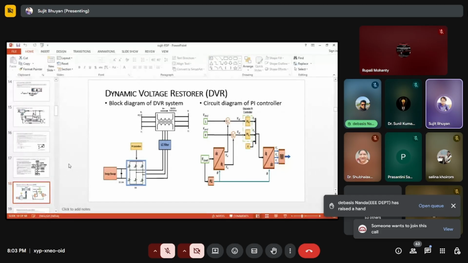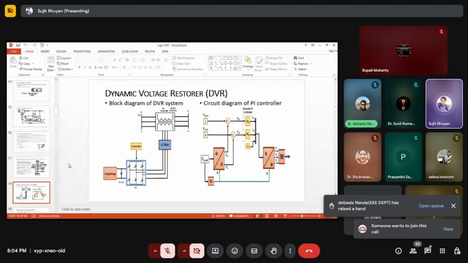And this is the basic circuit diagram of the PI controller. Here, the load voltage I have converted into the rotating axis, direct and quadrature axis, and the PLL, which I described previously, gives the phase angle, and that phase angle is used for the ABC to DQ converter.